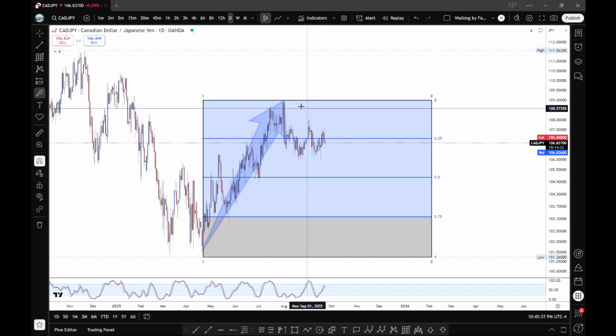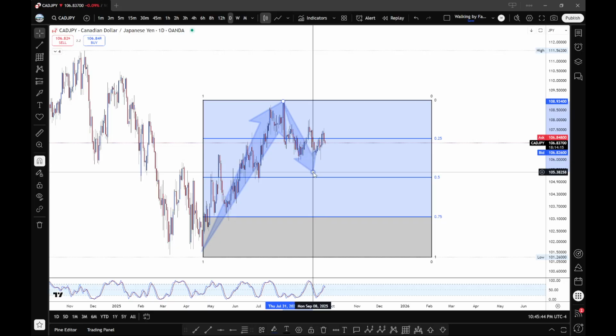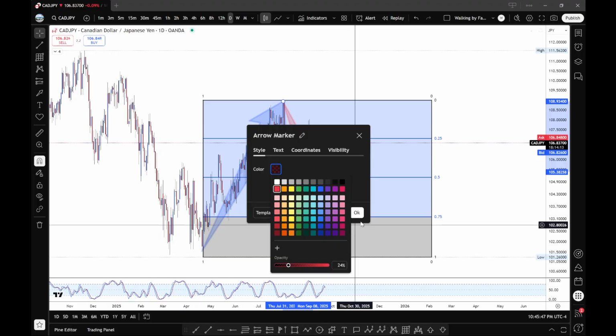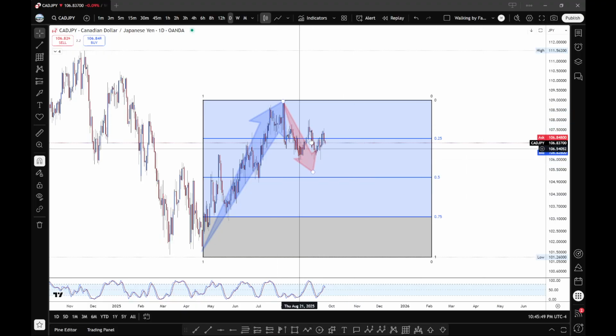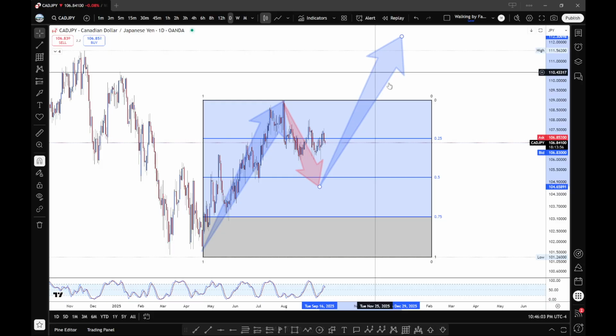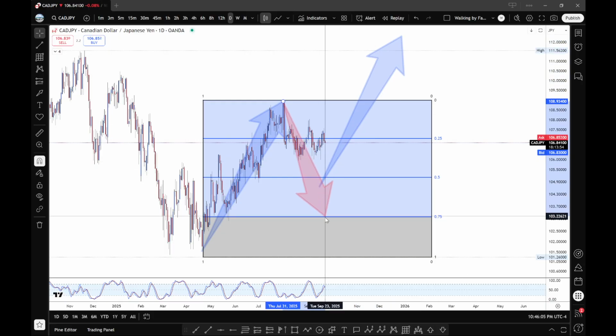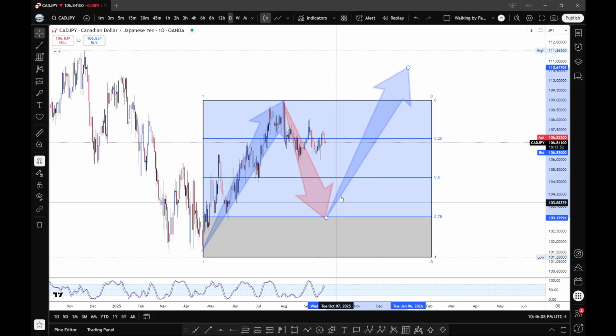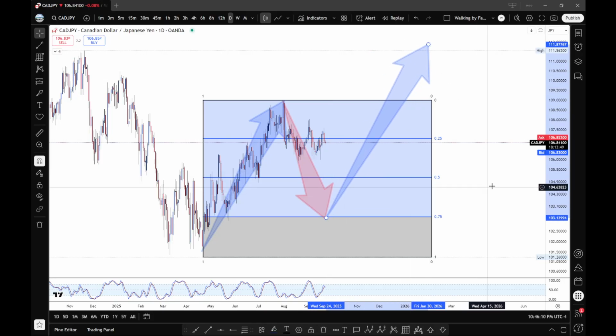And then I'm gonna change this one to red. So this is the pullback, the retracement, right? Which is selling power, right? This retracement pullback usually comes 25 to 50%, right? Before it continues up, right? The lowest it will come is 75 before it turns around and goes up, right?